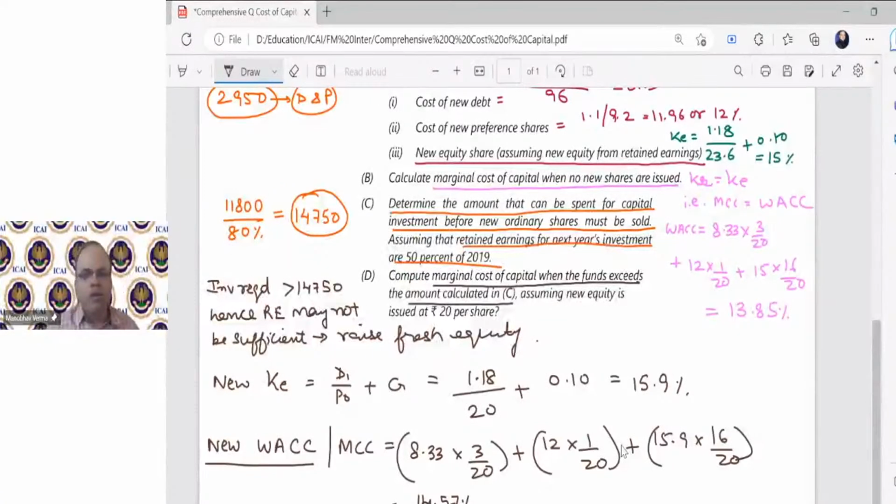So, who said cost of capital is not interesting? What is your say on this? A very, very good question. Different parts, testing you not only on the individual components, testing you on the overall cost of capital, and also the concept of marginal cost of capital is considered here.